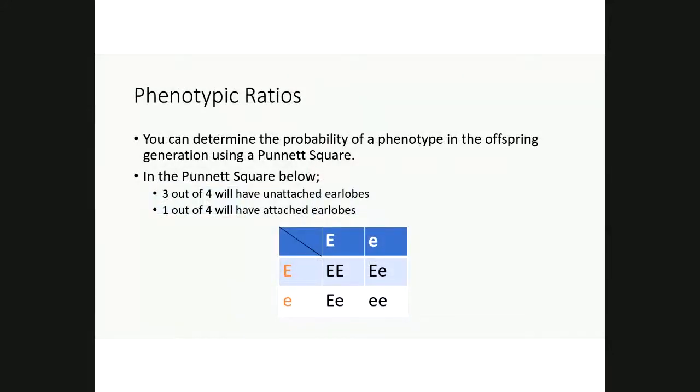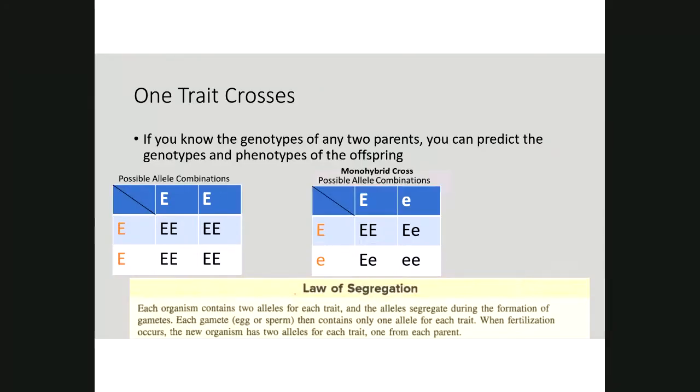Oh, and by the way, when we're talking about a single trait, this is an example of a single trait cross. But in this particular example, where you have two parents and both parents are heterozygous, we have a special term for that, and it's called a monohybrid cross.